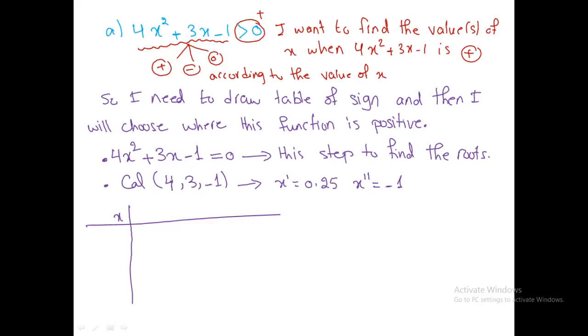X from minus infinity to plus infinity. I will arrange the roots from the smallest to biggest. The smallest number is minus 1, and then 0.25.